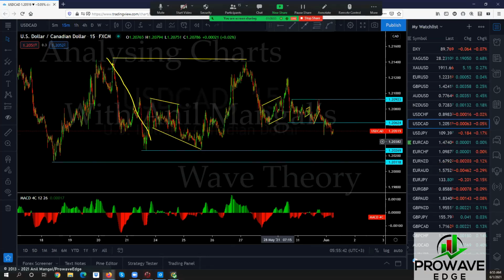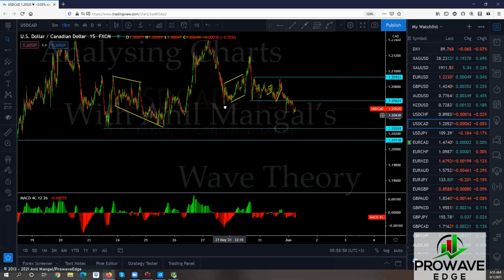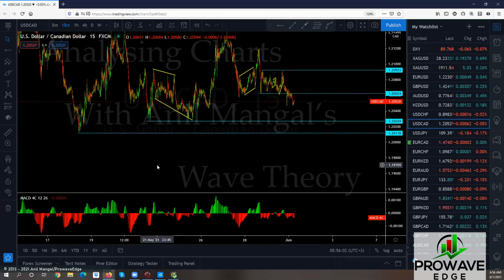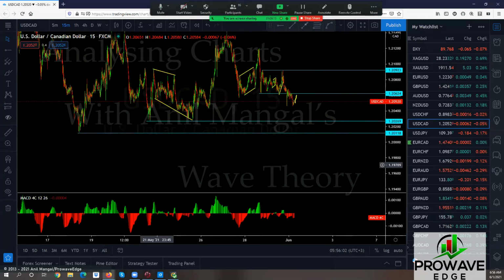So the question is whether we could look at this, and this as the B wave, as a contracting flat in there. Maybe. But still, I don't have a very good sell setup here, right? This thing is a bit too slow. And even if you get a sell setup, all you need to do is break this low and turn. So even if you get a flag here, and you put a sell here, you have to put a stop here, and the target is just here. That's about it.